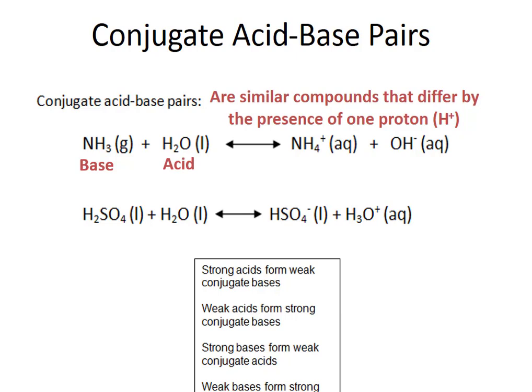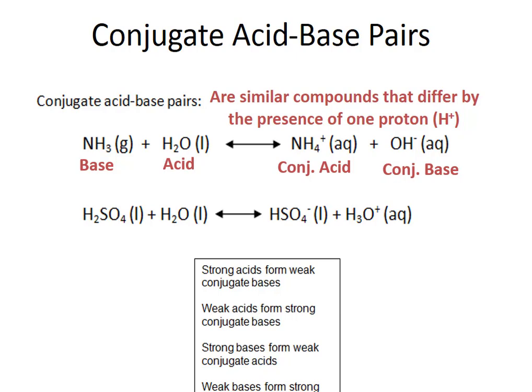You have to see who changes into what. H2O is the donor, which is why I know this is my acid. If this is the donor in the forward reaction, in the reverse reaction it's your conjugate base. My NH3 is my base, so in the reverse reaction my NH4 must be my conjugate acid. It's donating in the reverse, where my H2O in the forward is donating but in the reverse is accepting.